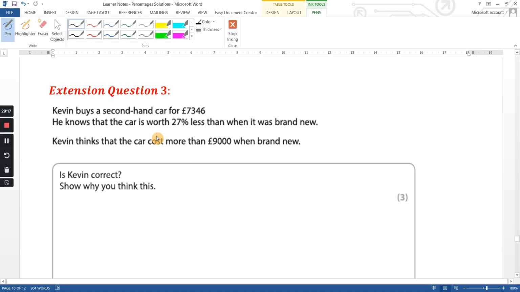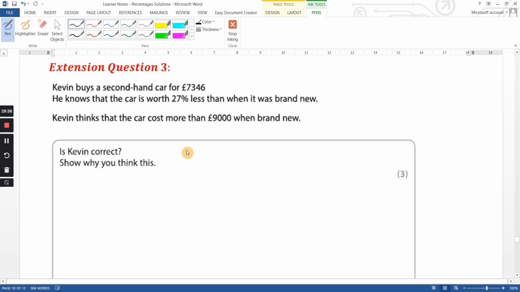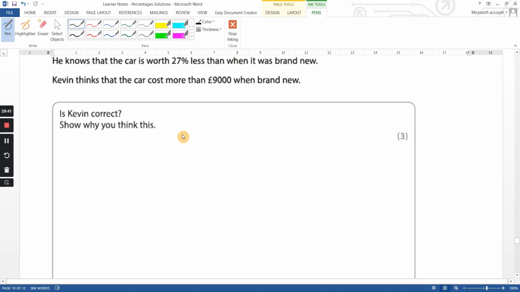So he knows that the car is worth 27% less than when it was brand new. So this here, £7,346. What percentage does that represent of the original? So if the original was 100%, this is now 27% less. So what is 100 minus 27?